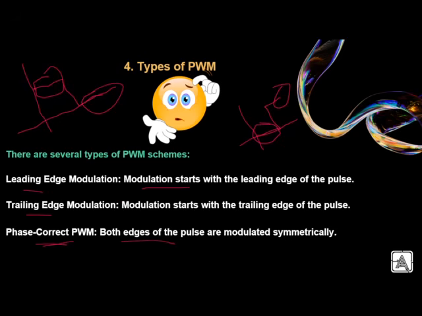That means the wave will be symmetrical with respect to this high value and this low value. It will be something like this, something like this for the phase correct. So there are three types of PWM schemes.